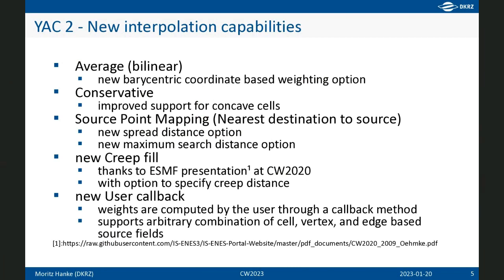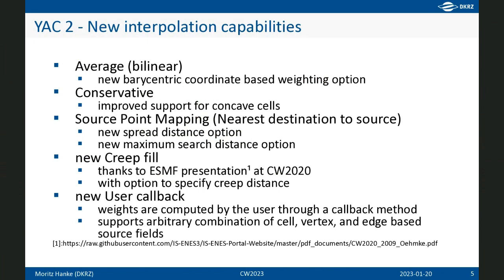In addition, we improved support for concave cells for the conservative interpolation, and we added two new options to the source point mapping, called nearest destination to source in ESMF, where you map all source points to the closest target points, usually used for river runoff or discharge, for example.